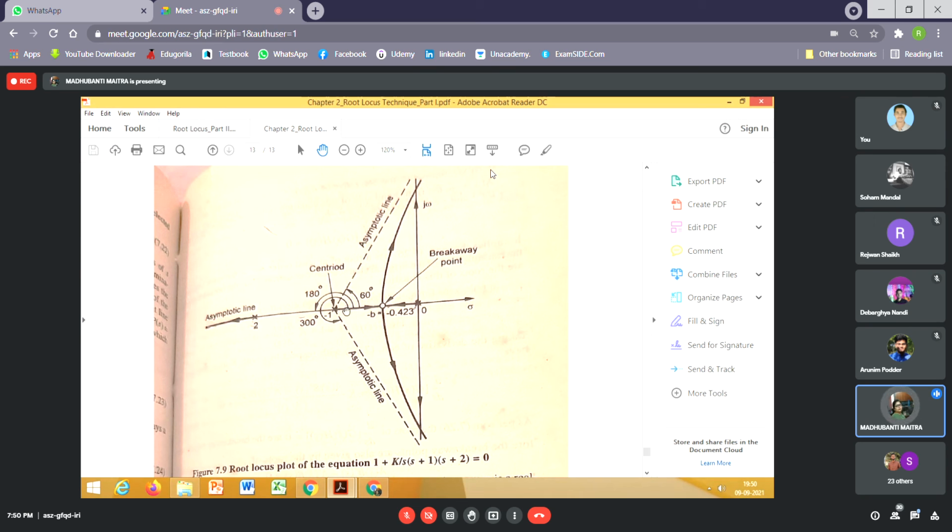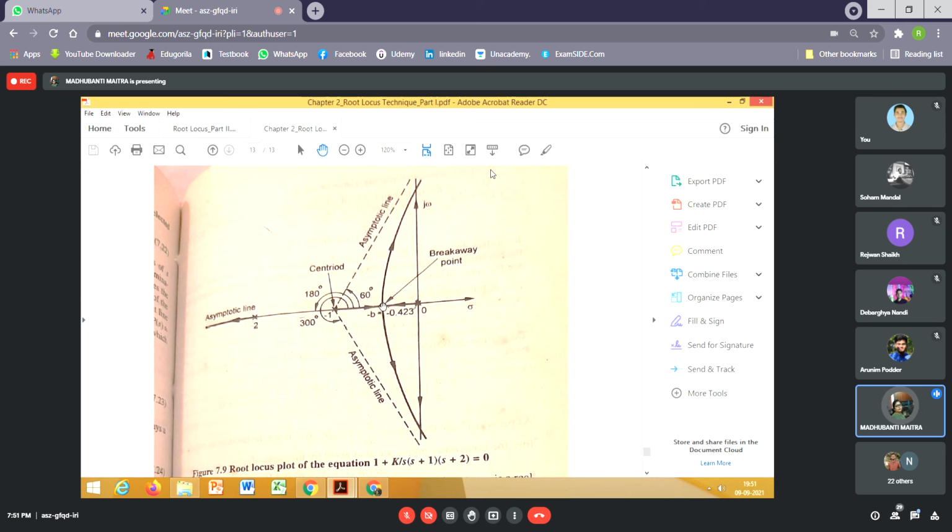Intuitively, too, the breakaway point should lie between minus 1 and 0. It's a point between these two open loop poles. At this point these two branches will meet, and we'll get two roots of the characteristic equation.